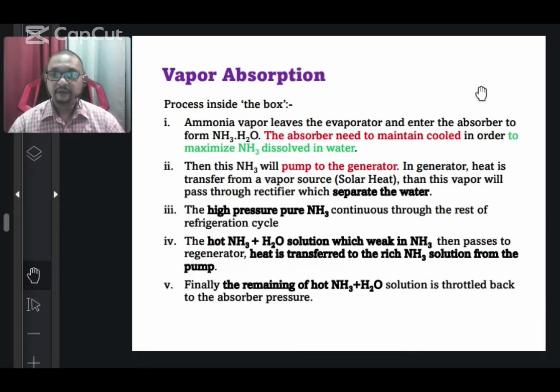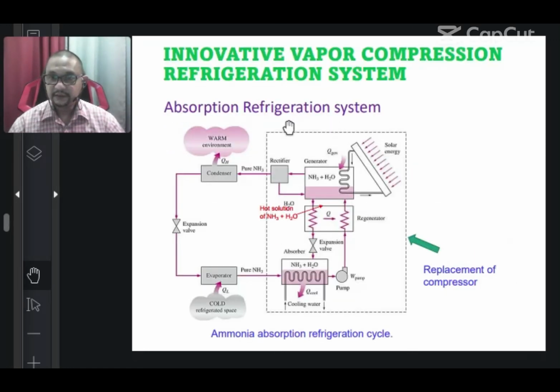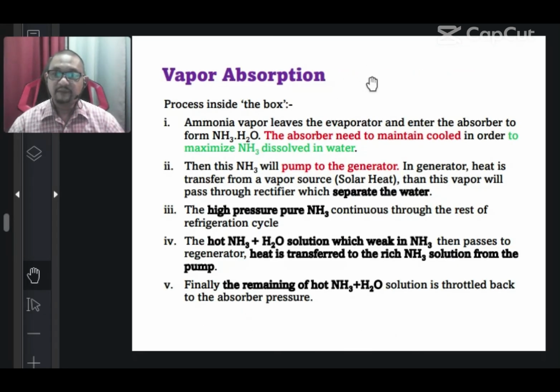So when you look at the vapor absorption process inside the box, what does it mean by the box? Okay, this is the dotted line box. Here it shows the generator, rectifier, regenerator, absorber, expansion valve, pump, and so on.